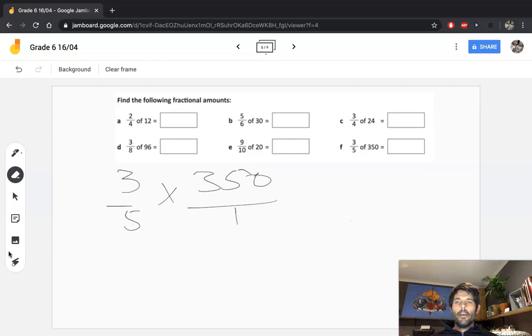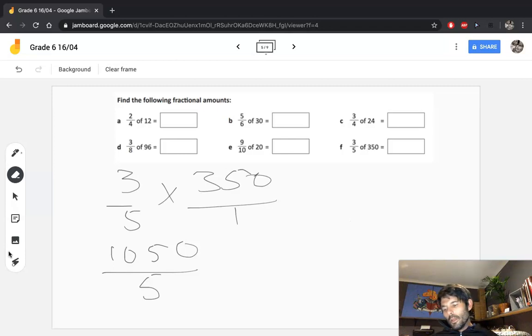Okay, 350 multiplied by 3 is going to be 1050, and 5 times 1 is 5. Okay, I know that 5 goes into 1,000 200 times. So 1,000 divided by 5 is 200, and then 50 divided by 5 is 10.